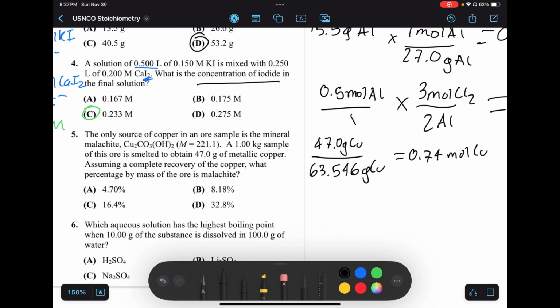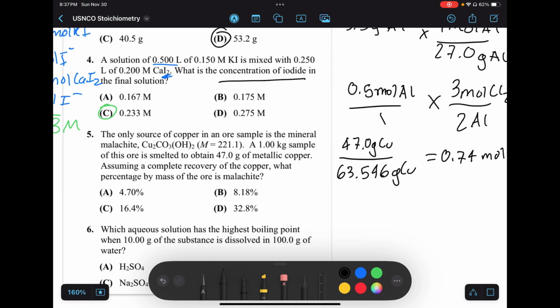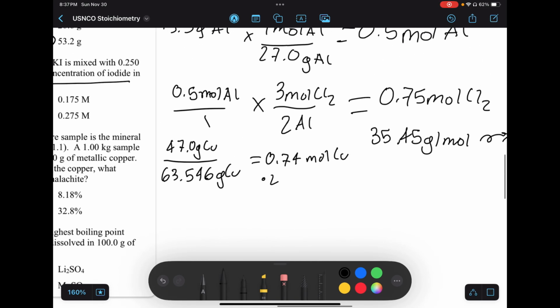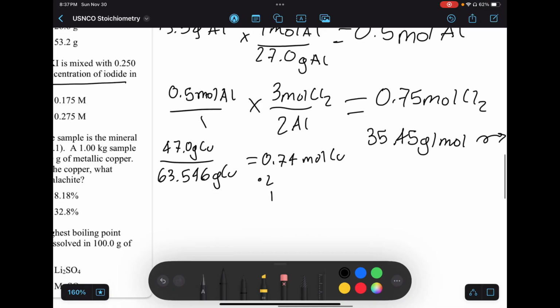So we see there are two coppers in this ore. So you have to multiply this by 2, or my bad, actually we need to divide this by 2, because that's the stoichiometric ratio. So again, guys, don't forget your stoichiometry, right?